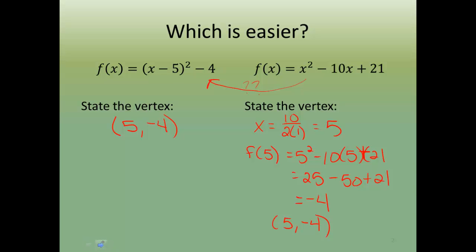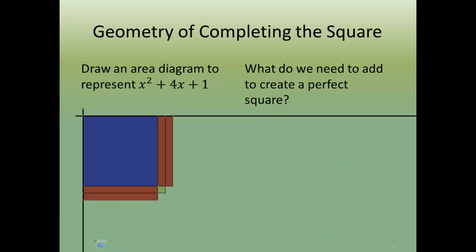And so we're going to go back to do some geometry first. It's called completing the square for a reason. Now here we have a diagram of x squared plus 4x plus 1. And if you look down here, this isn't something we can factor. It's missing some things. Also, if you notice, going across I have x plus 2, and going down I have x plus 2.